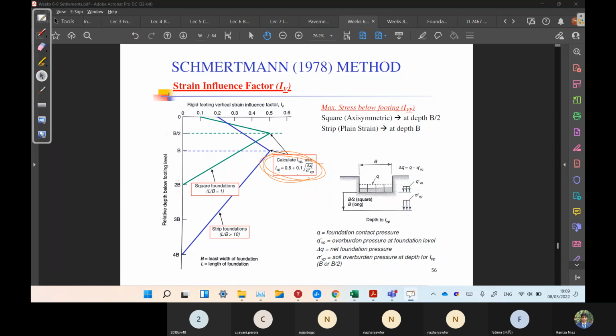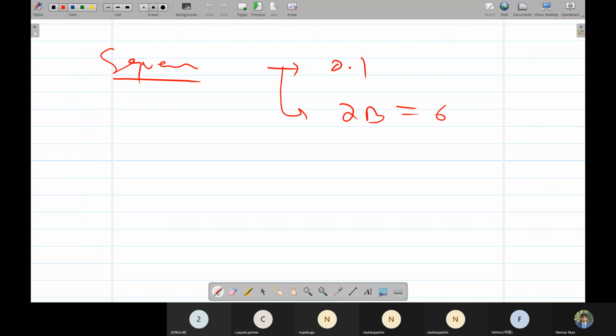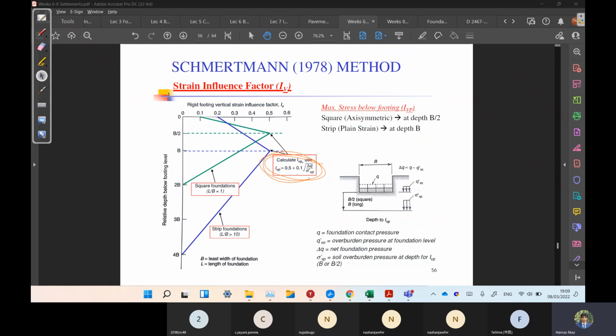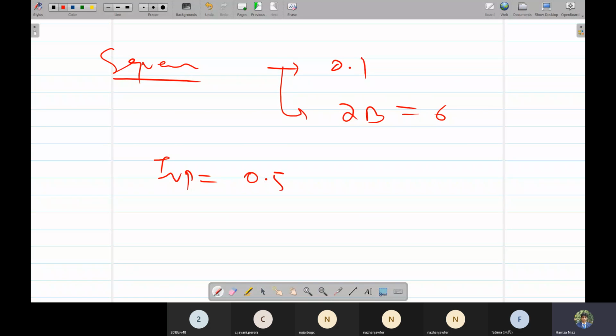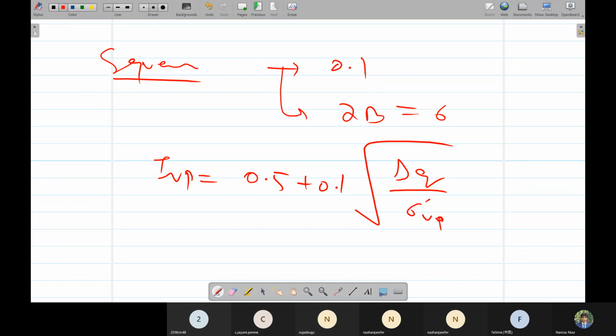So its value is this. I peak is equal to 0.5 plus 0.1 times the square root of delta Q over sigma dash V at the peak, sorry. So this is the formula. This delta Q is simply Q net, that is, we find this total Q minus gamma Df.